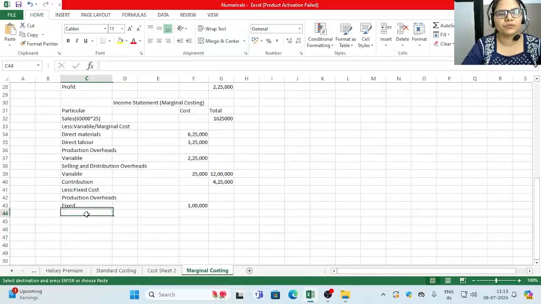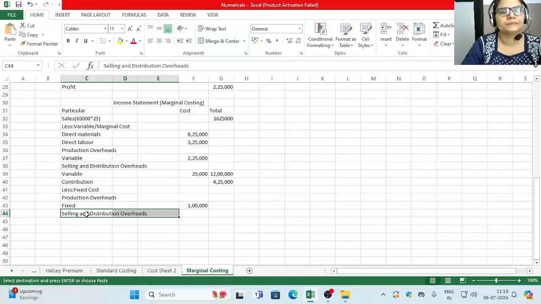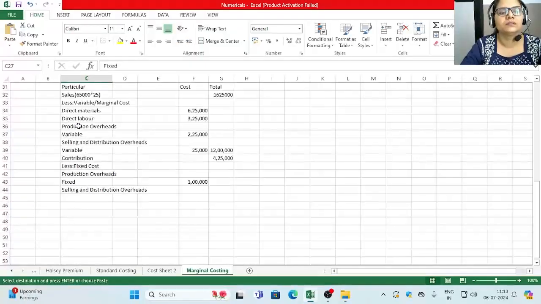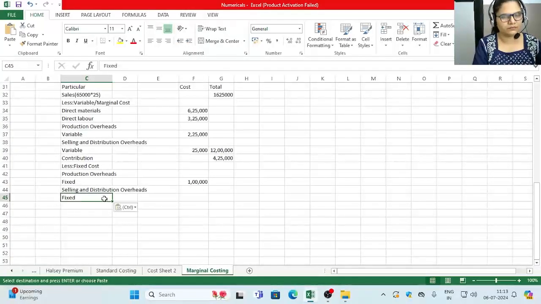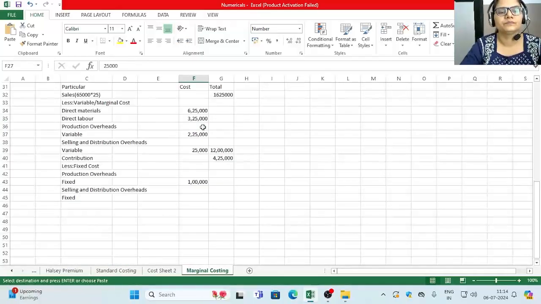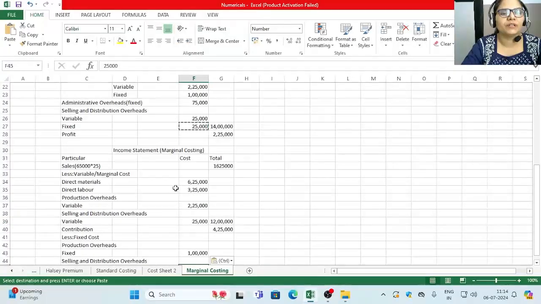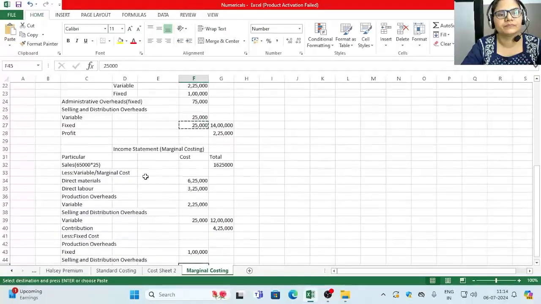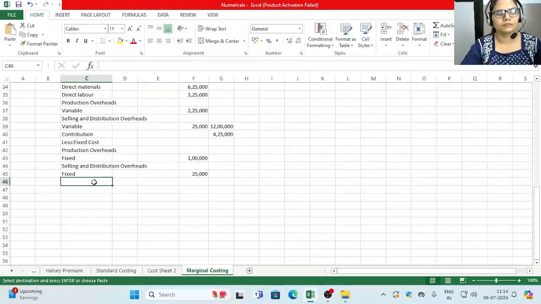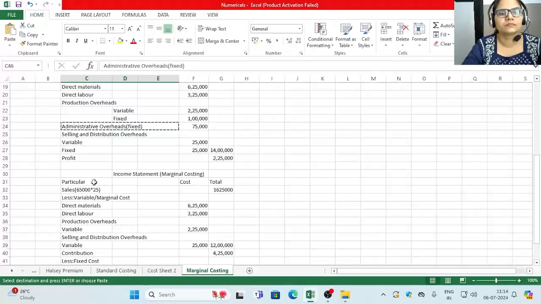Selling and distribution overheads, $25,000. Administrative overheads are also given fixed, $75,000.